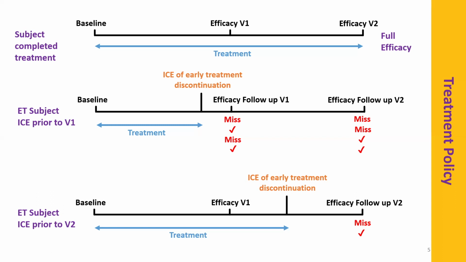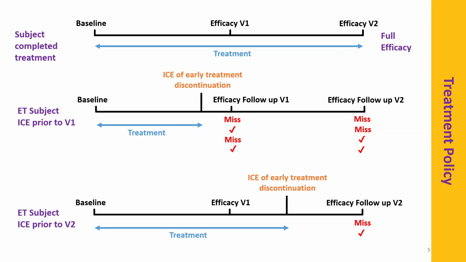The middle section illustrates an ET subject, which stands for an early terminated subject, who has discontinued treatment prior to post-baseline visit 1. And the bottom section illustrates another ET subject, who has discontinued treatment between post-baseline visit 1 and post-baseline visit 2. The blue arrow indicates the length of treatment period that is actually completed in each scenario.